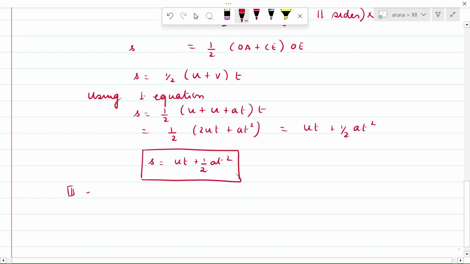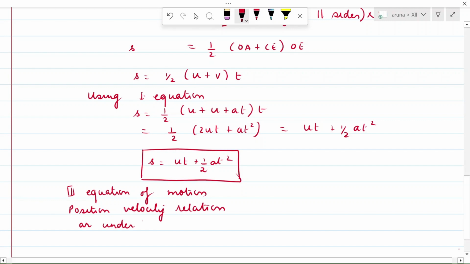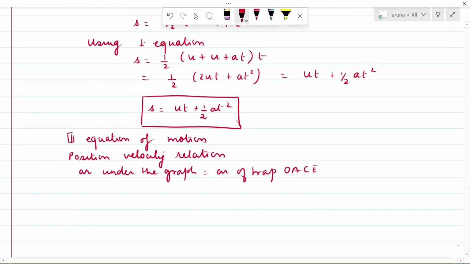For the third equation, which is also the position velocity relation, we start with the same area under the graph, area of trapezium OACE, which is equal to half sum of the parallel sides OA plus CE into OE, the height.